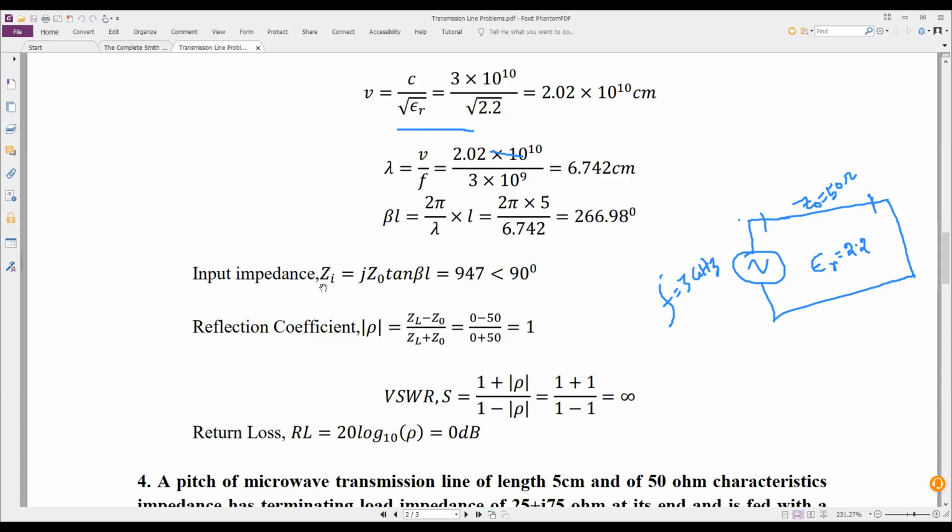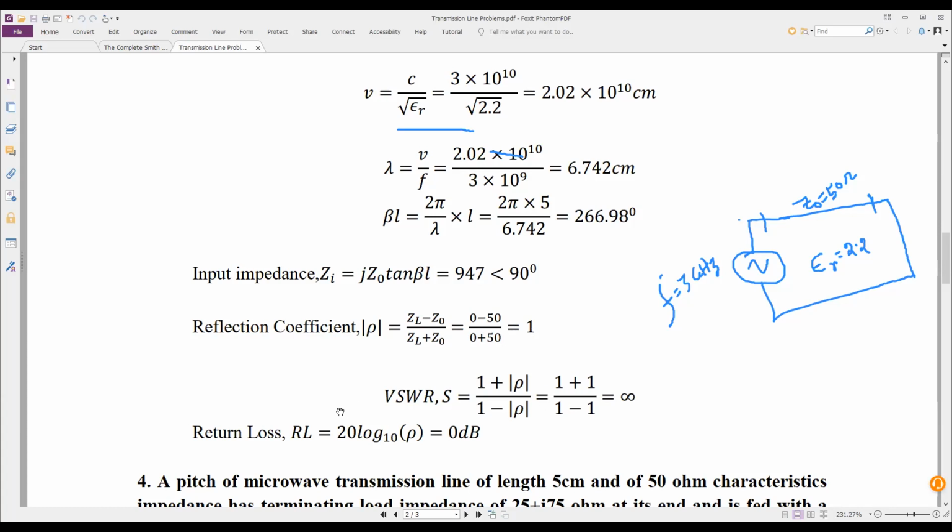Then you put these values here, and you will get Zin is equal to j Z0 tan(beta L), which is j 947 ohm, an angle of 90 degrees. So the reflection coefficient is (0 minus Z0) divided by (ZL plus Z0), equal to (0 minus 50) by (0 plus 50), which is minus 1.